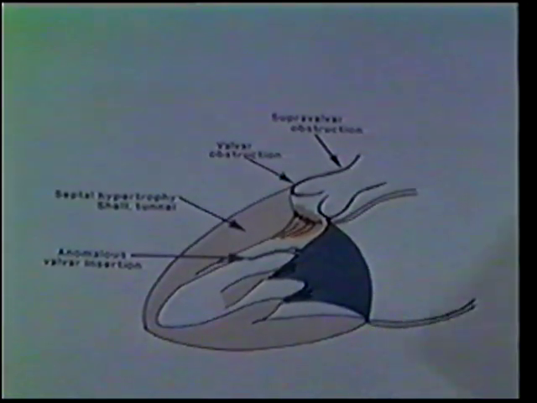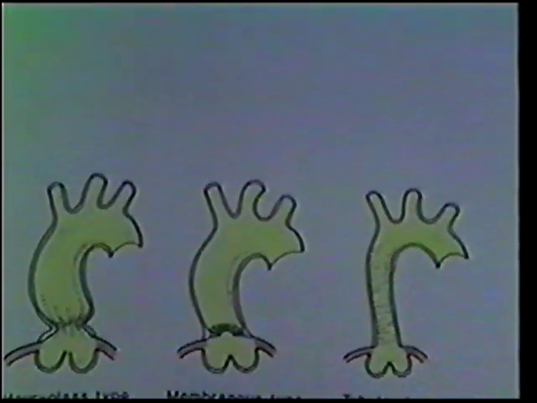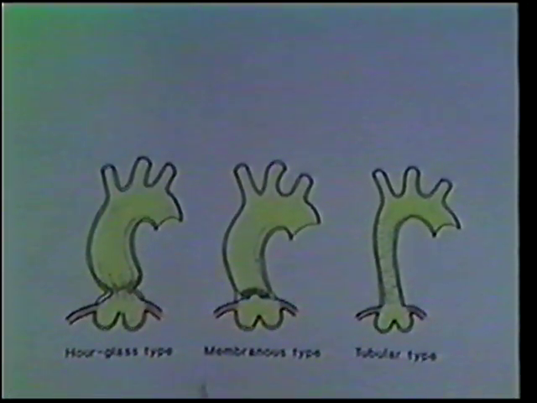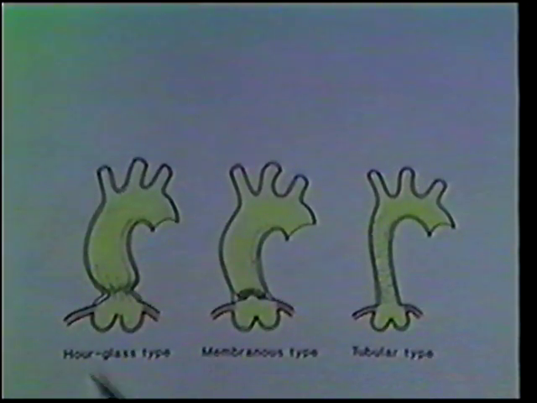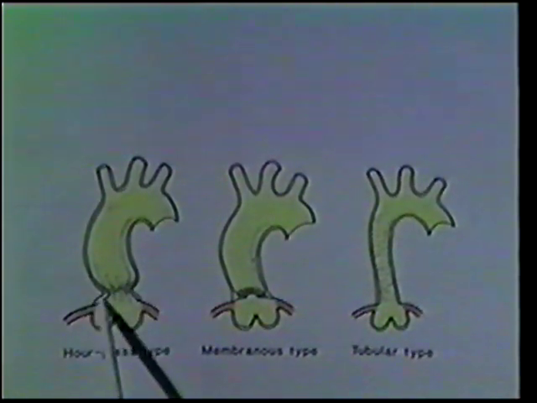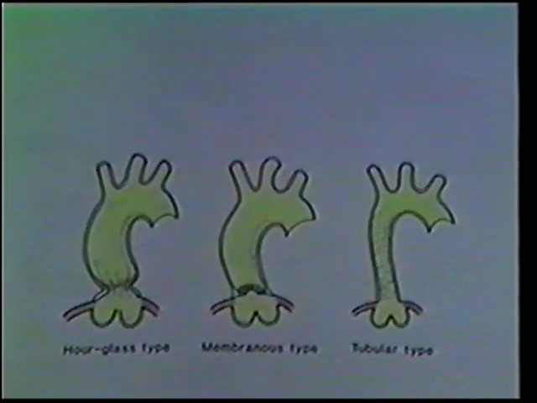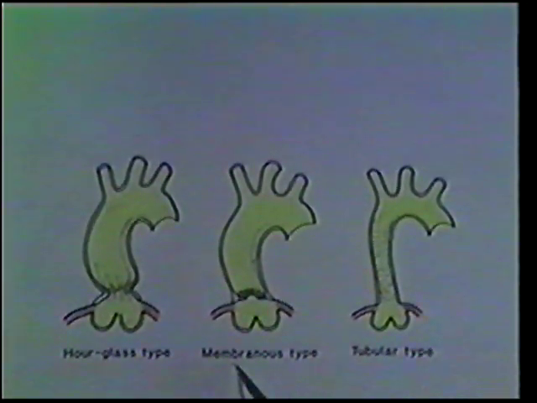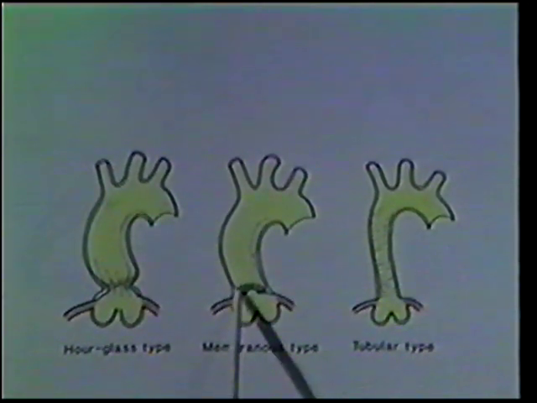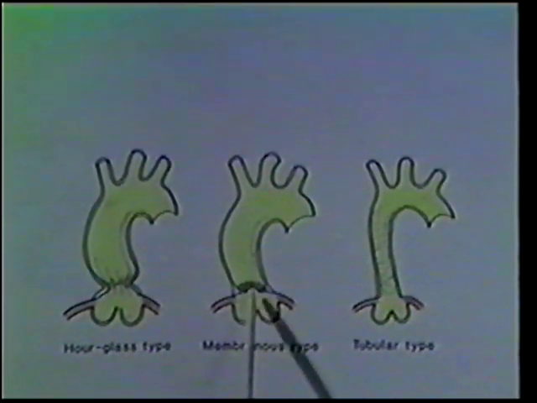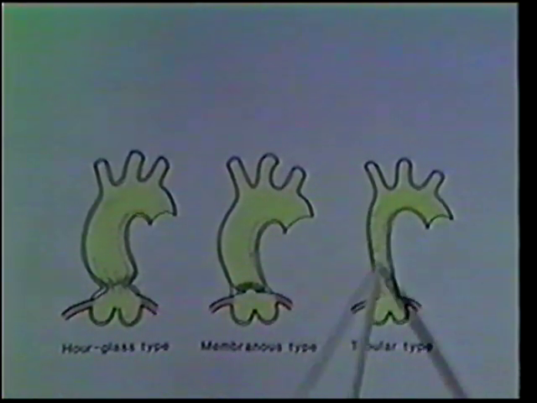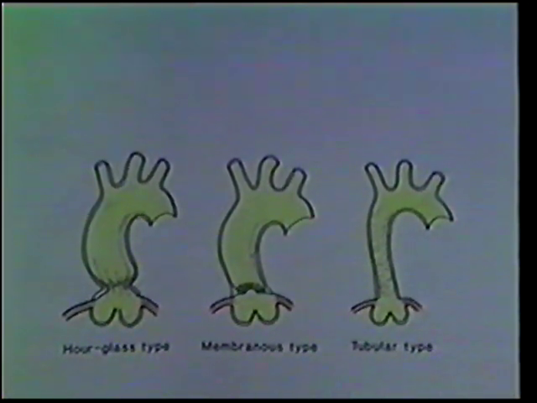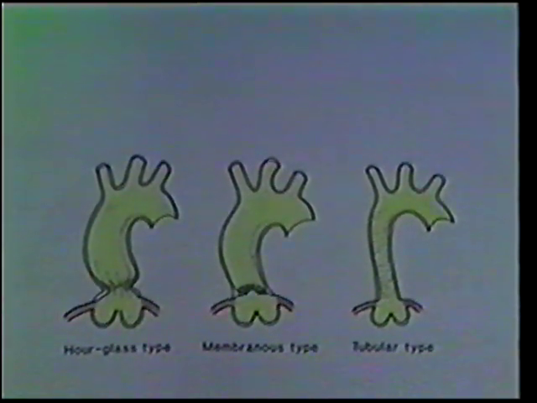Now the types of obstructions within the aorta itself vary from the hourglass type, where there's a distinct waisting at the level of the commissures, to a membranous type, where there's a membrane with a central aperture, or there's a tubular type, where there's diffuse hypoplasia of the ascending aorta.